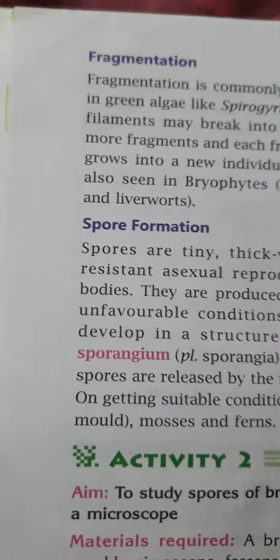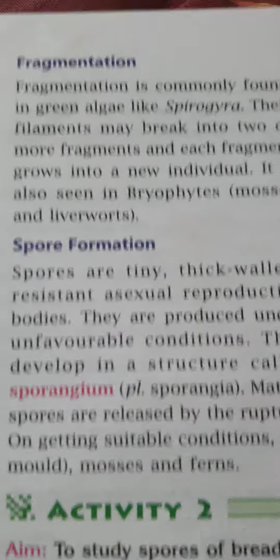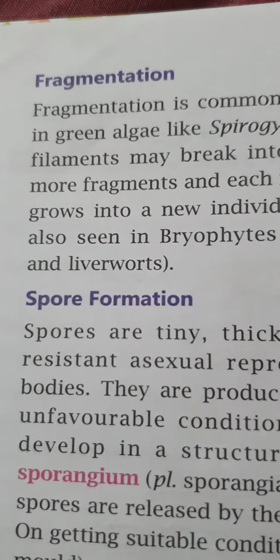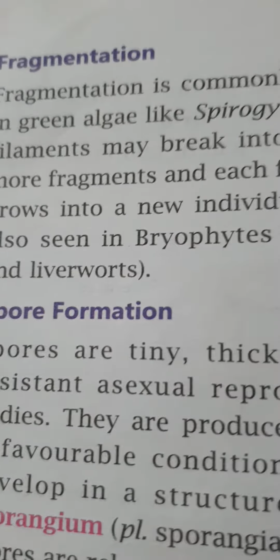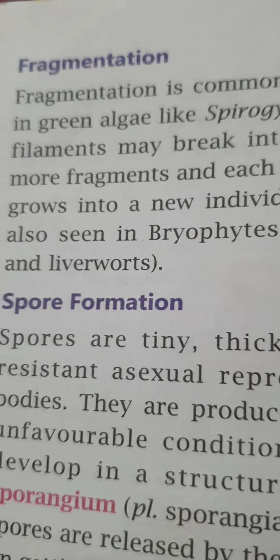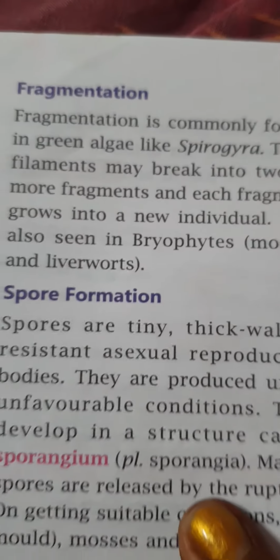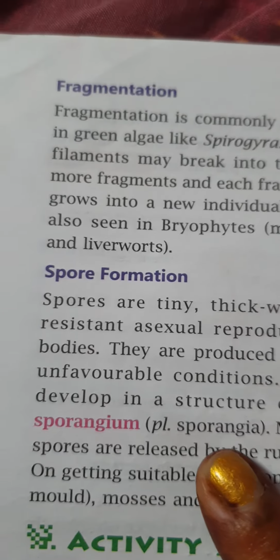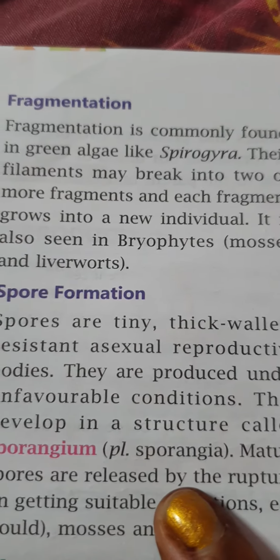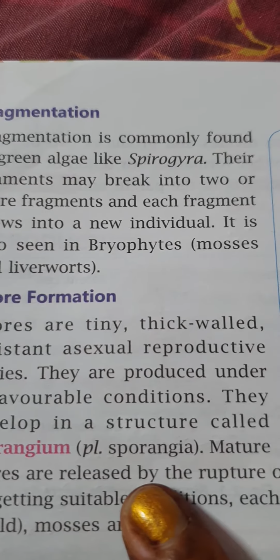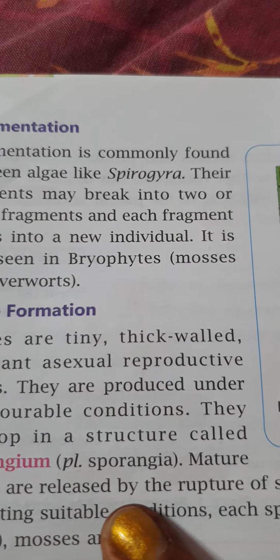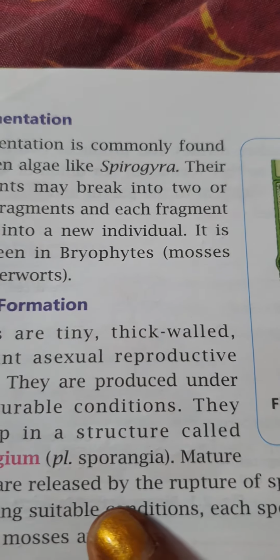Now we are moving towards our next topic, that is fragmentation. What is fragmentation? This is a mode of asexual reproduction in which a new plant is produced from a portion of the parent plant.